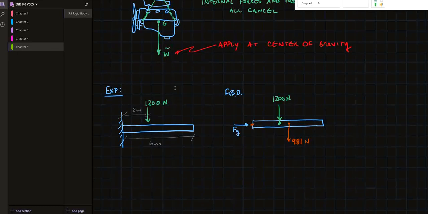Let's call it a reaction, R. Reaction in the y direction, a reaction in the x direction, and we'll have a moment here.